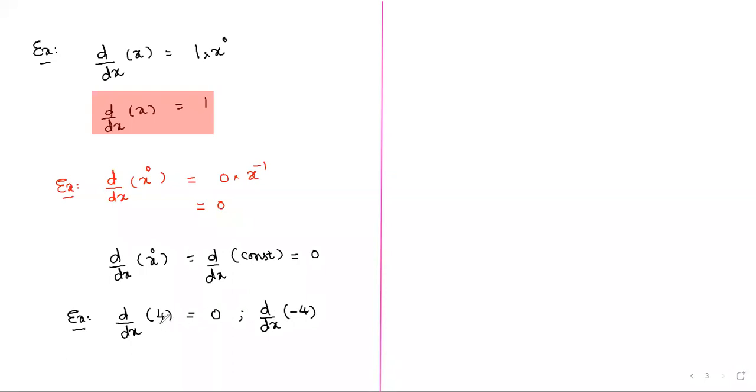Whether it is plus 4 or minus 4, it is a constant. Constant means what is the differentiation? That is 0. So is it clear? Any doubt in the differentiation of a constant? Very good. I'm going to highlight this: any constant is 0.